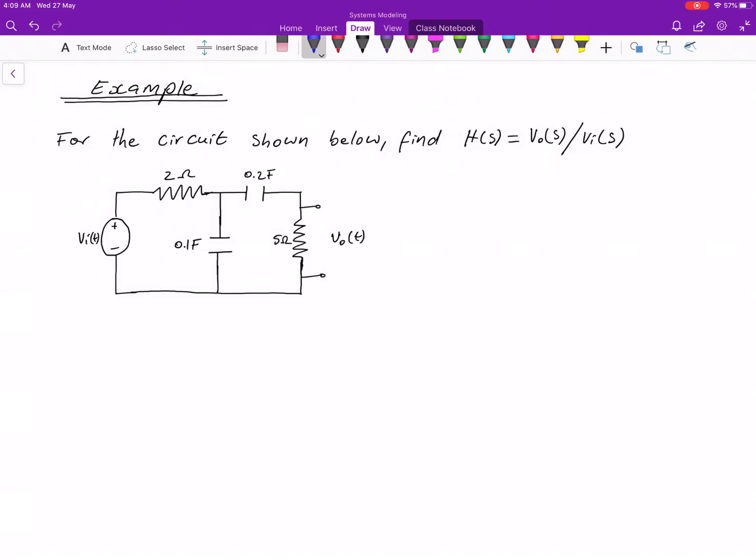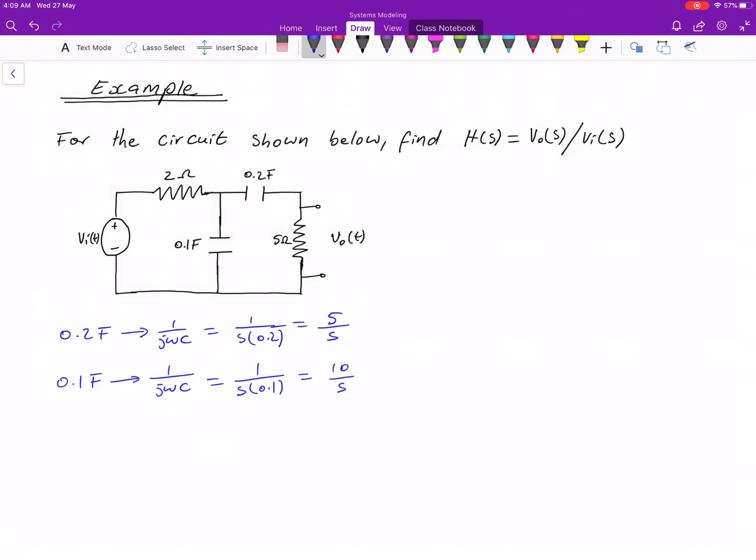We have 0.2 farad, which is equal to j omega C, and this is 1 over s times 0.2, and the Laplace equivalent of that is 5 over s. And for the 0.1 farad, we have 1 over j omega C, which is 1 over s times 0.1, which is equal to 10 over s.